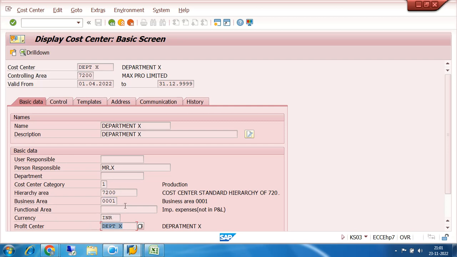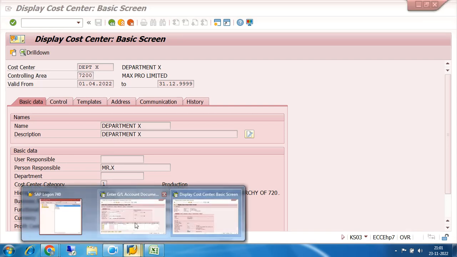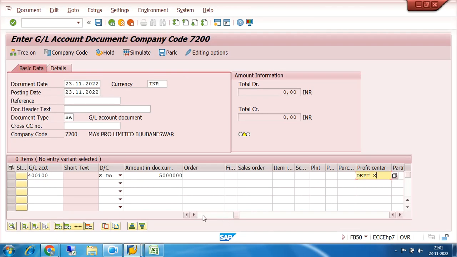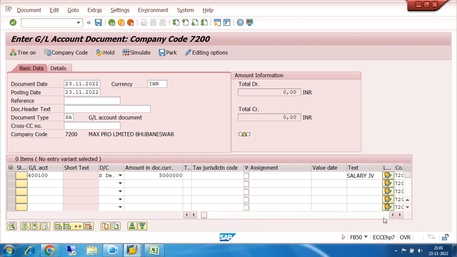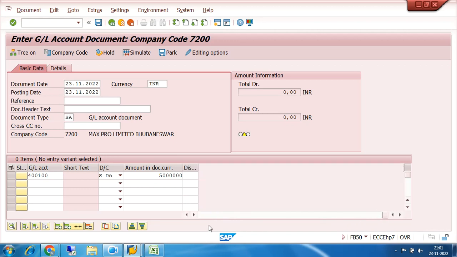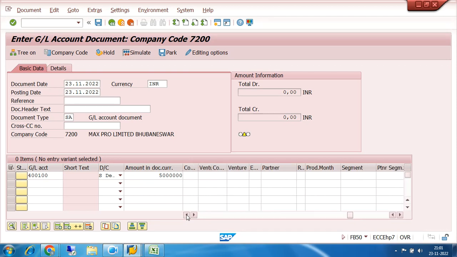So once I choose, because this is an expense, I will choose a cost center, the system automatically copies the same thing to the respective cost center, profit center, as well as the respective business area, isn't it?